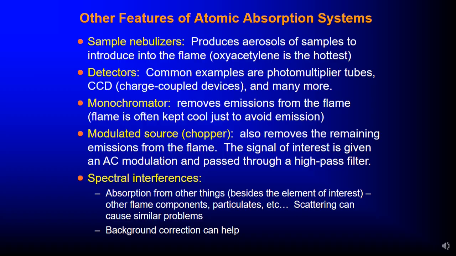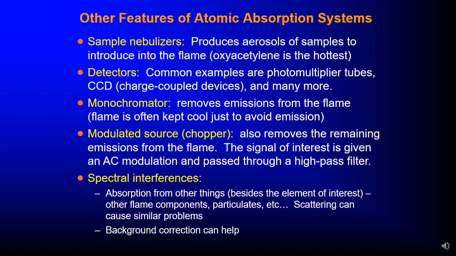The monochromator removes emission from the flame. Then a modulated source, what we call the chopper, for a case where we have to separate the beam into two equal beams. It also removes the remaining emission from the flame. The signal of interest is given an AC modulation and passed through a high pass filter.